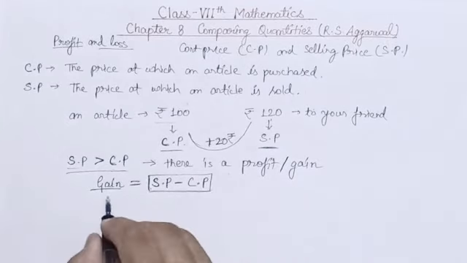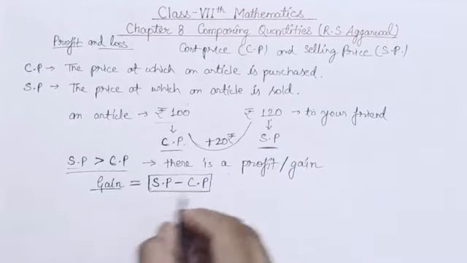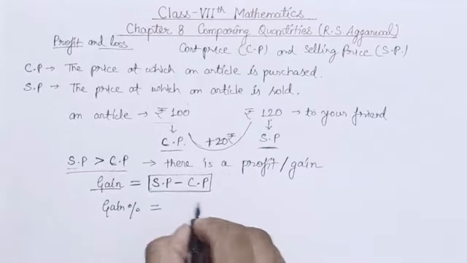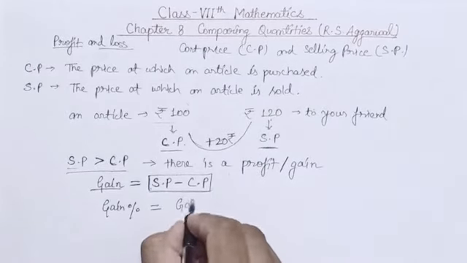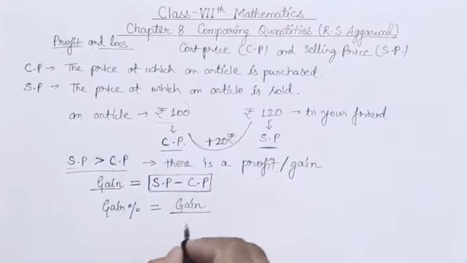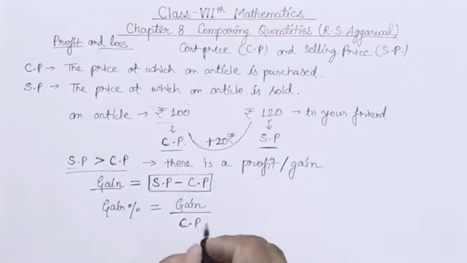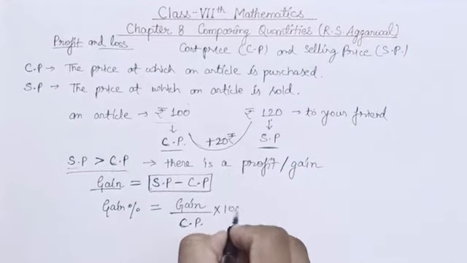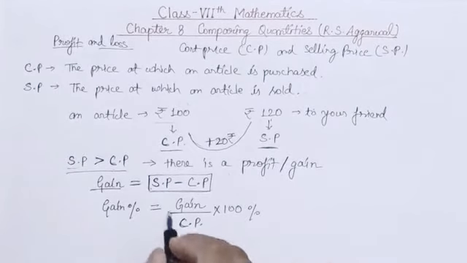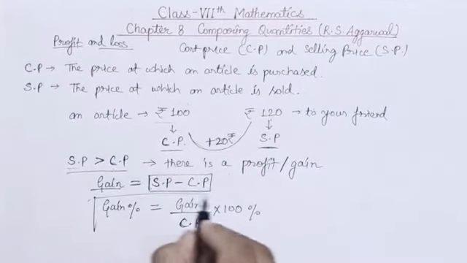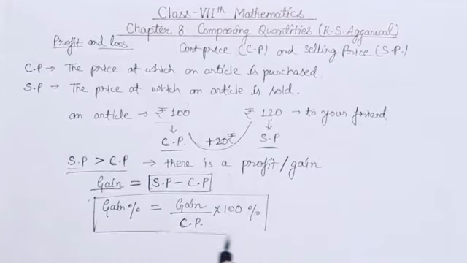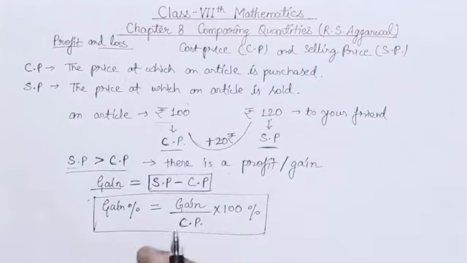And how do we calculate gain percent or profit percent? We can calculate gain percent by dividing the gain by cost price multiplied by 100. So this formula gives the gain percentage, how much percent of gain we obtain on an article by selling it.